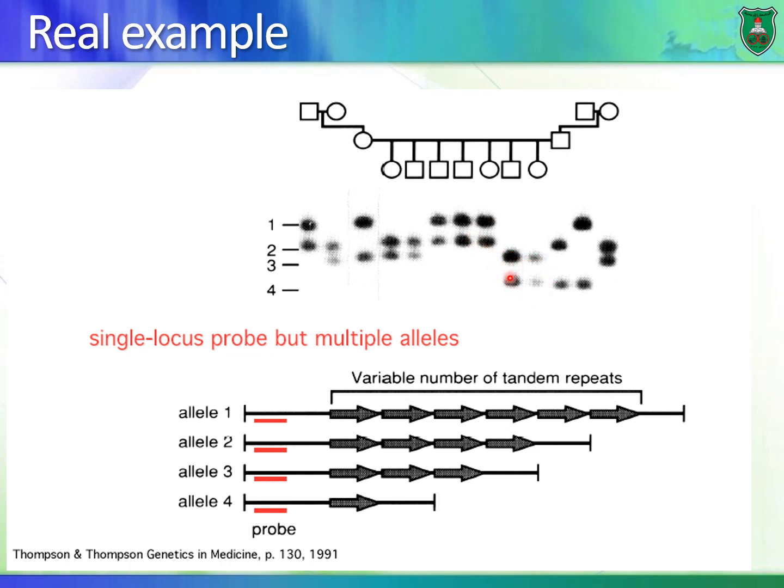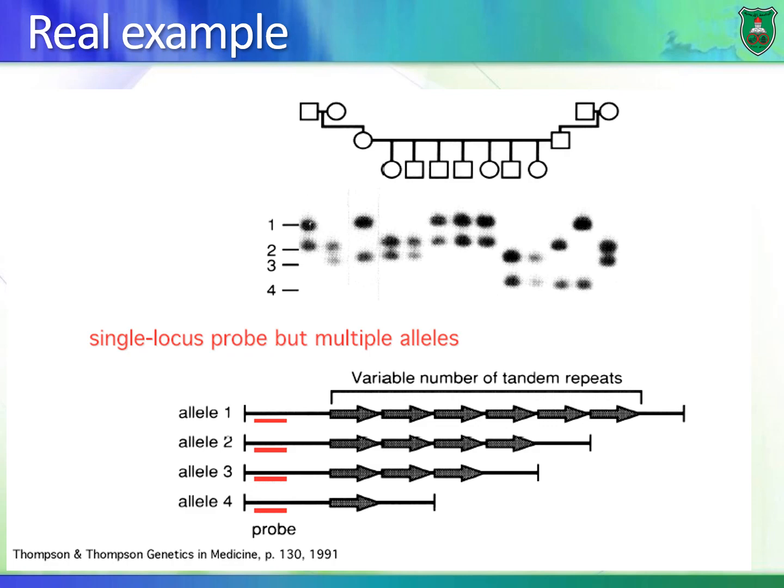Well, what we do is we look at another allele, or we look at another VNTR. Or we look at another STR, and so on. So in forensic medicine and paternity testing, they do not rely on one single VNTR or one single STR. Rather, they look at multiple VNTRs and STRs.